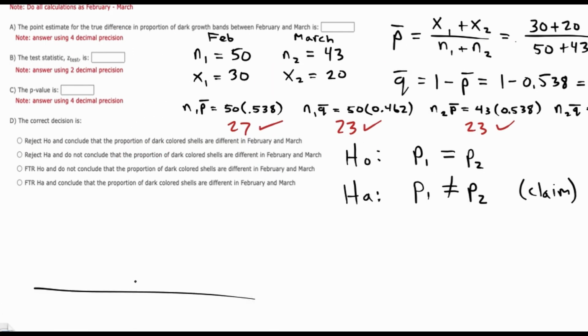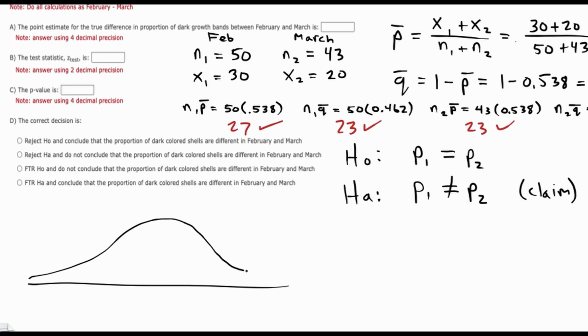It's a two-tailed test. So we're going to have 2 rejection regions.